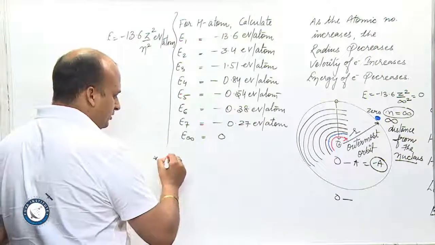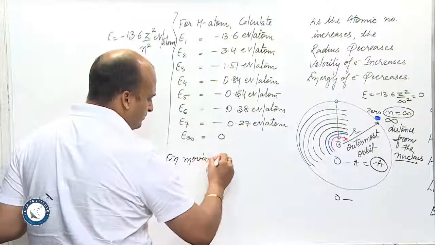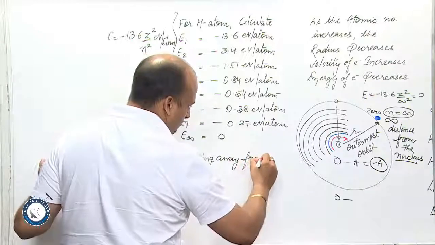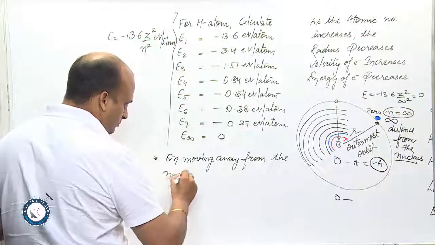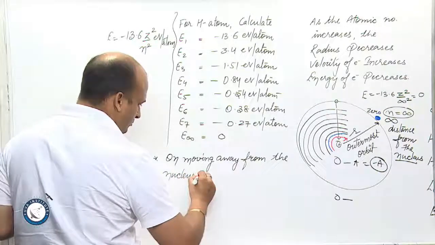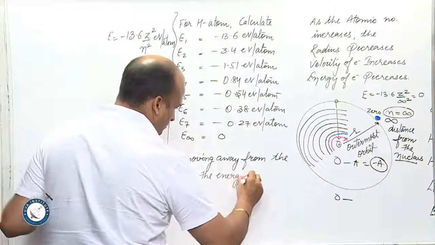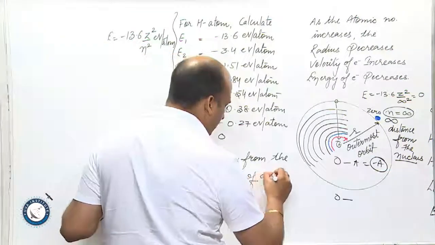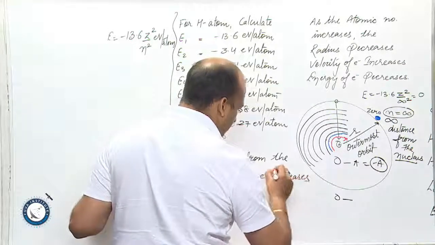So what is the inference that we can draw from it? See the first part. On moving away from the nucleus, the energy of the electron increases.